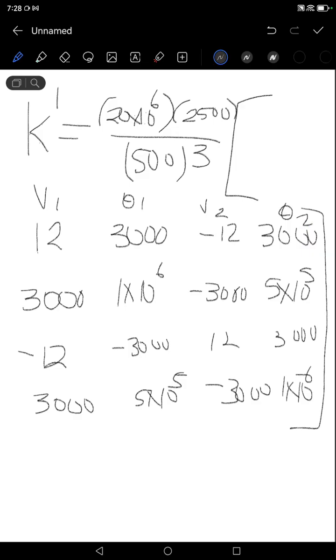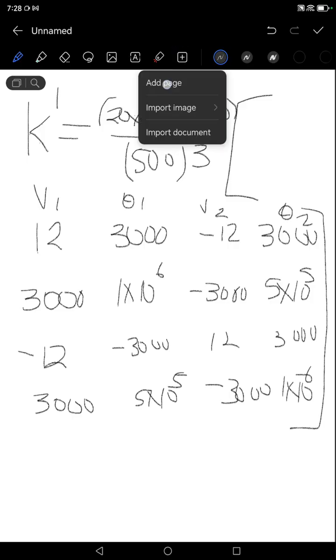So this is our first element, and then the second element we're still gonna do the same, where we're going to have the k to the power of 2 to show that we're doing the second element. So it's gonna be E2I2 over L2 cube.